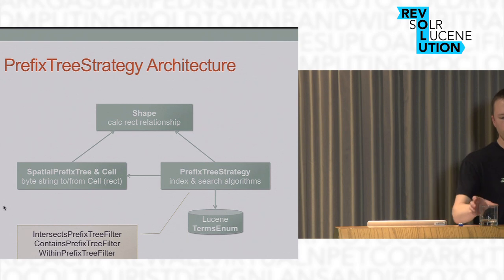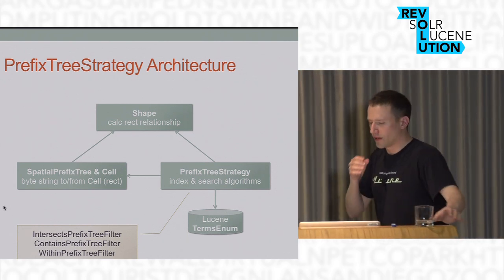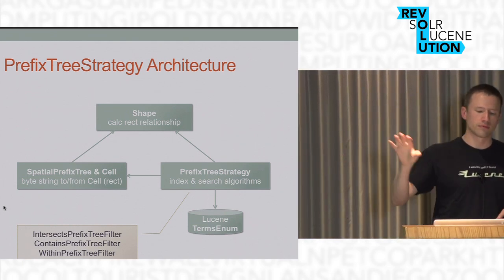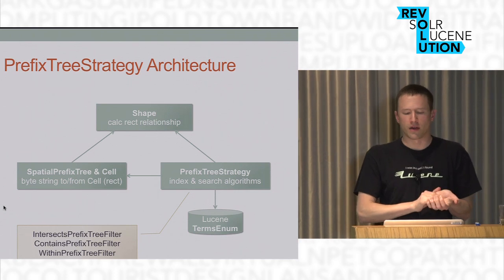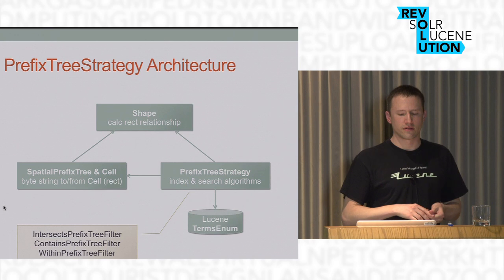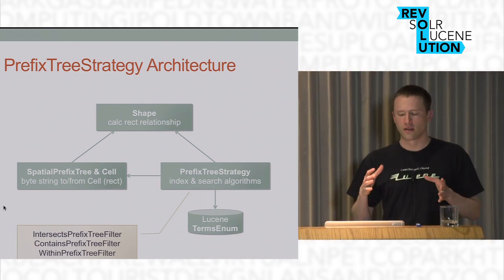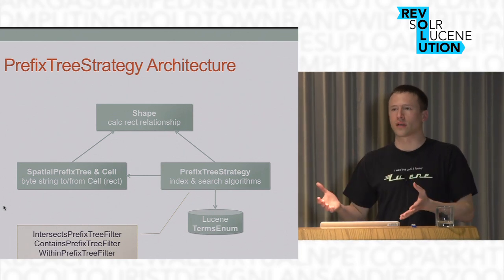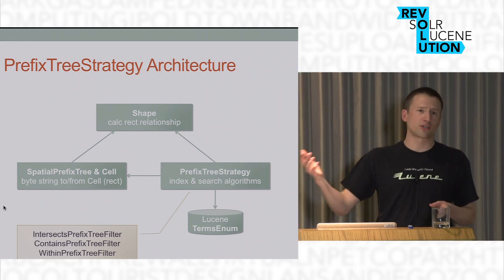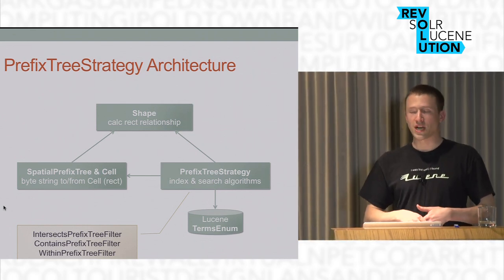So the architecture here, and this has worked fabulously well, I must say, is this separation of concerns: a shape only worries about being a shape and calculating relationships. That's all shapes do. And then there's something called the spatial prefix tree, which is a class that divides the world into, I have 4, it might be a quad grid, it might be a geohash grid, it might be some grid that the shape doesn't care about.